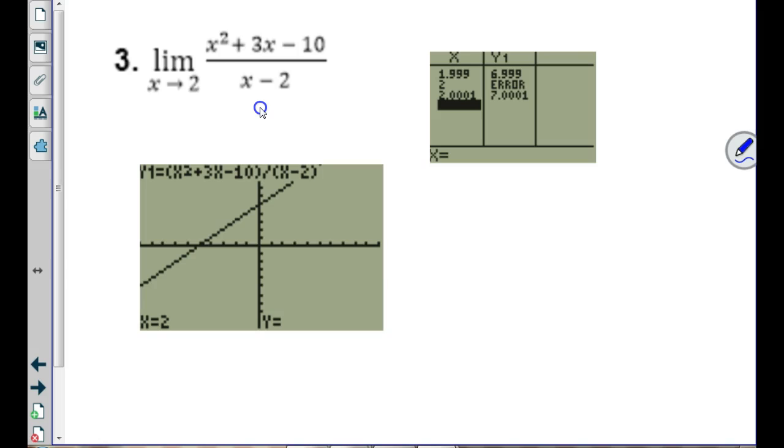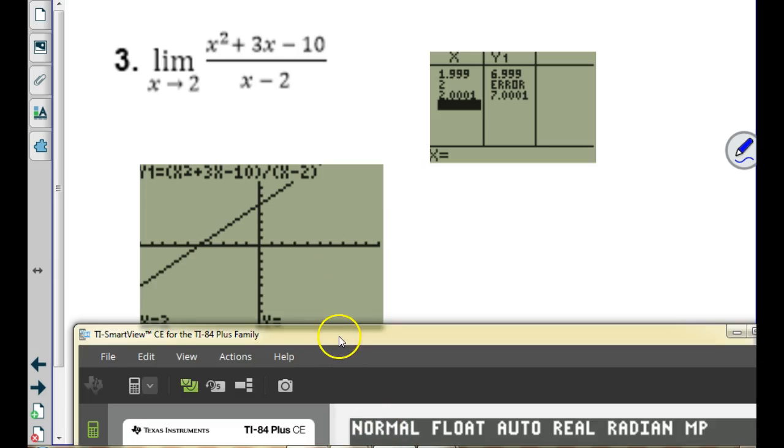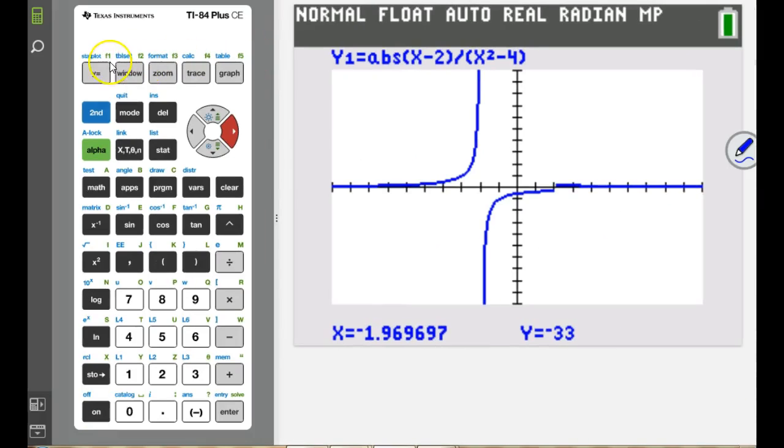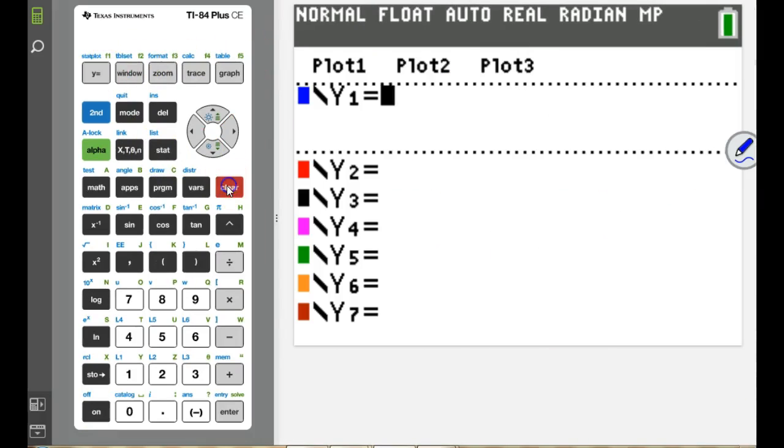We'll keep going here. All right, this is a graph that actually, if we factored this, would divide out. It does have a hole, but practice typing this, guys, because you have to put parentheses around the top. Someone read it to me. X squared.